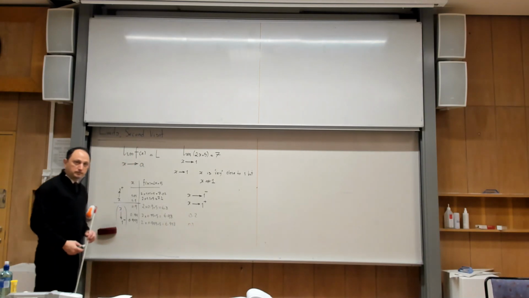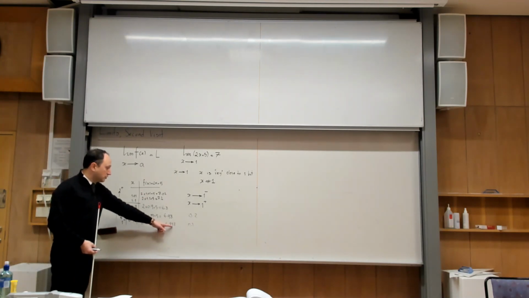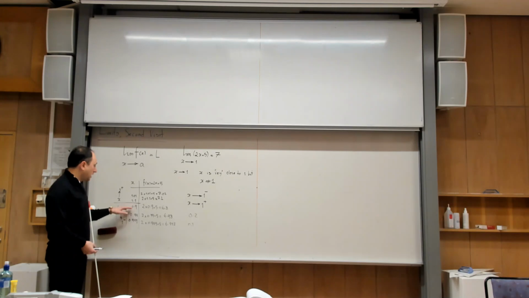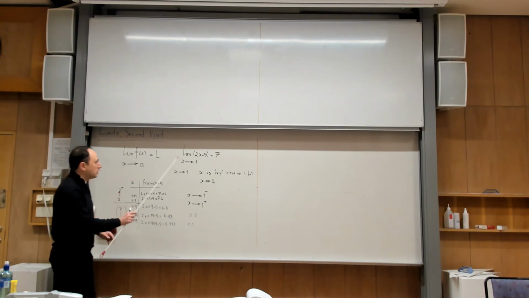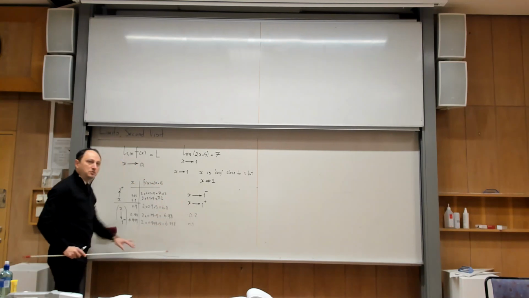But if I want to be very close to 7, I have to be closer to 1 as well. So that is what I want you to understand. We always write the equality sign, but this symbol means the whole table.